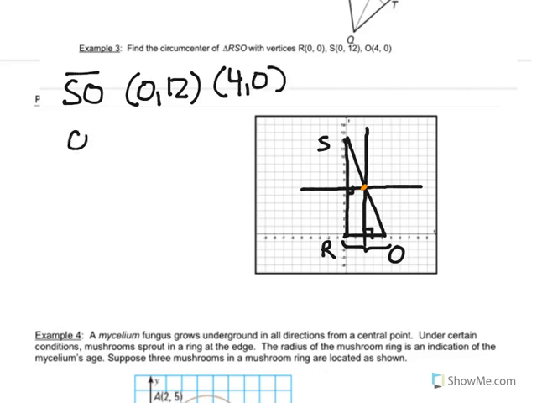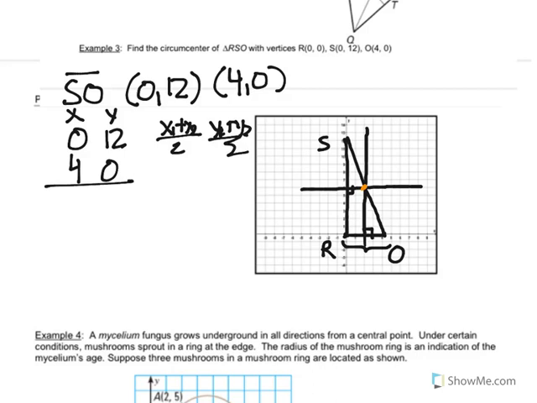So I'm going to write those points. Here's the x, here's the y. Remember, the midpoint formula is x1 plus x2 divided by 2, y1 plus y2 divided by 2. So if I add up the x's and divide by 2, I get 2. Add up the y's, 12, and divide by 2, I get 6. So there's our coordinate pair, 2, 6, right there where they're already intersecting.